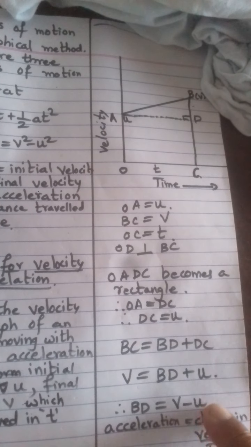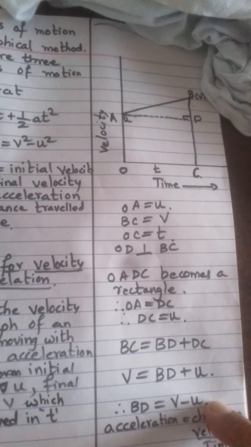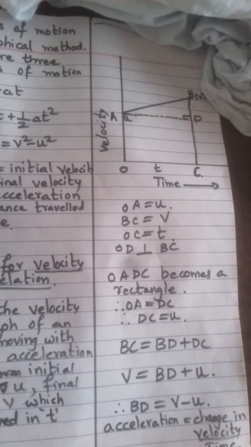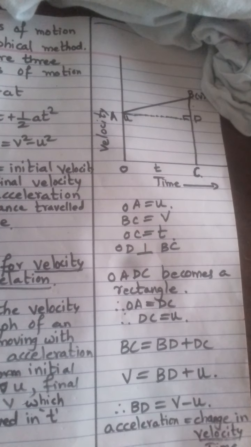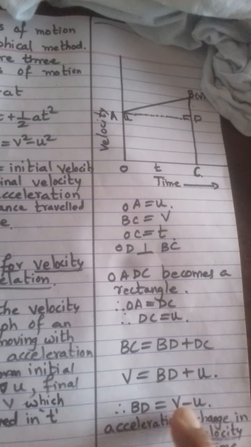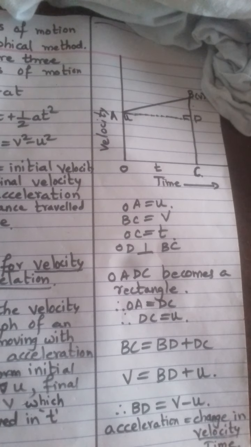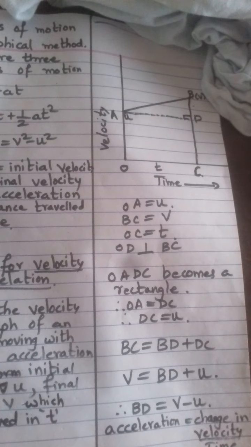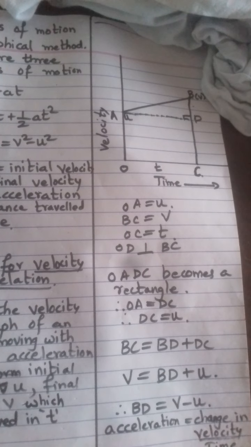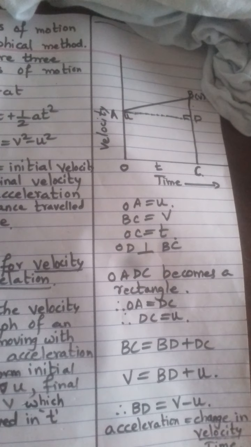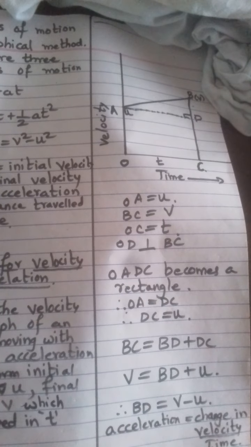Final velocity minus initial velocity is change in velocity. So acceleration is equal to BD upon time. BD is change in velocity, v minus u. So a is equal to v minus u upon time t. So v minus u becomes equal to, cross multiply this, a into t. So you got v minus u is equal to at.